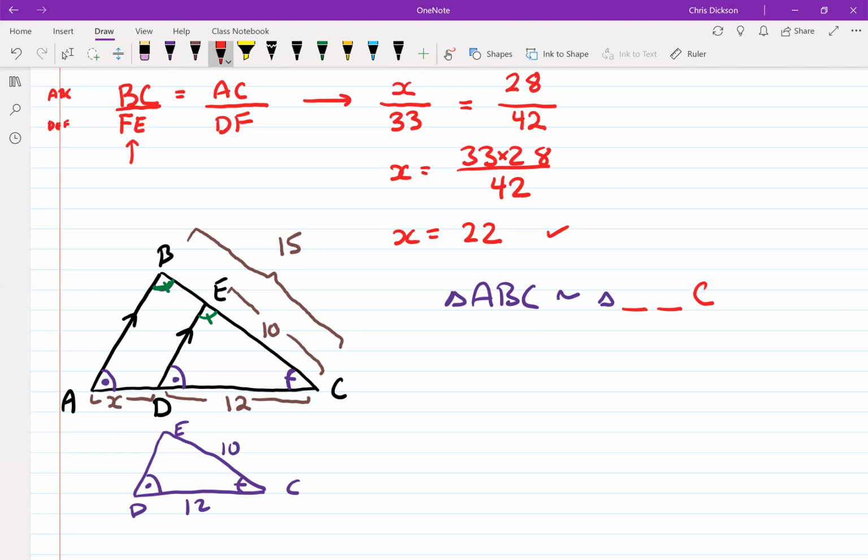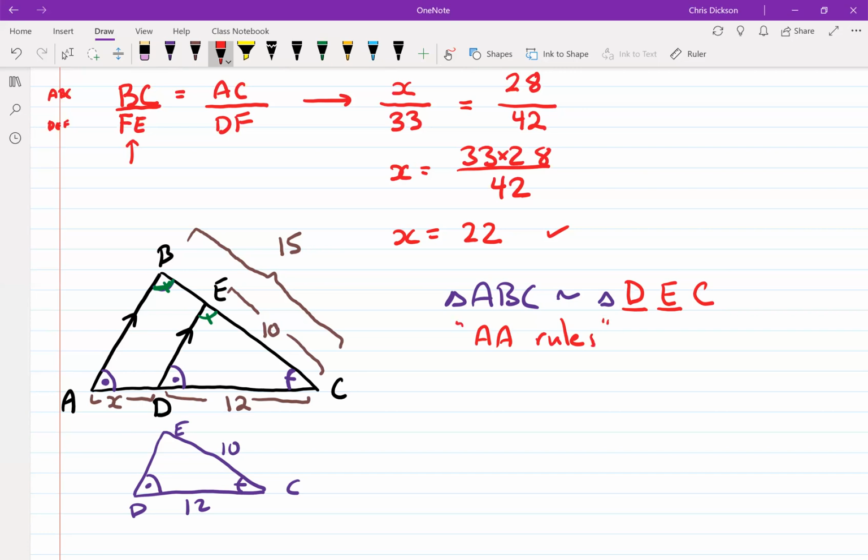Which angle is the same as A? That's angle D. So angle D would have to come first, and then angle E, because E is also the same as B. We know this because of the AA rule.